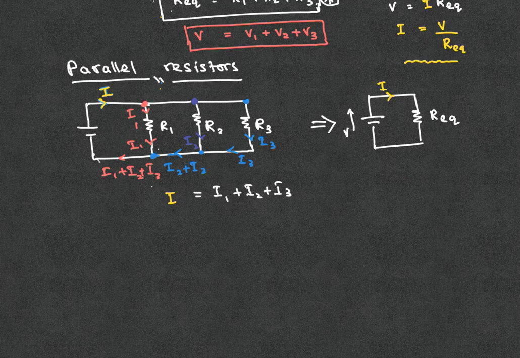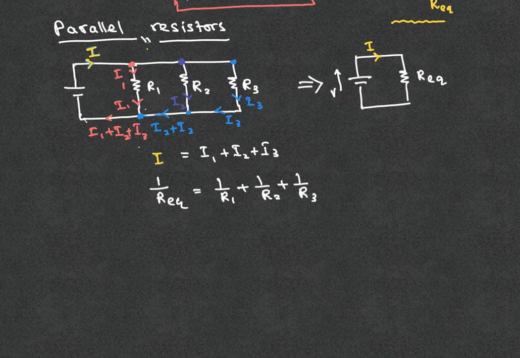In this case, our equivalent is given by the following equation. We don't call it R equivalent directly. We write it as 1 over R equivalent equals 1 over R1 plus 1 over R2 plus 1 over R3.